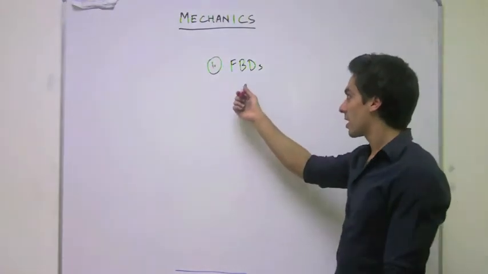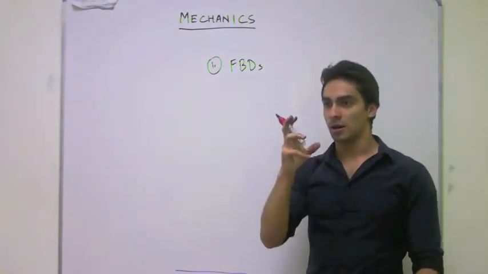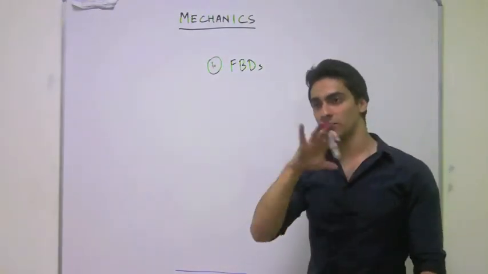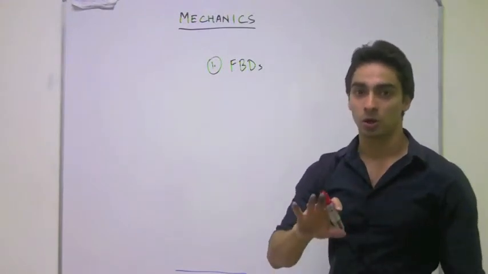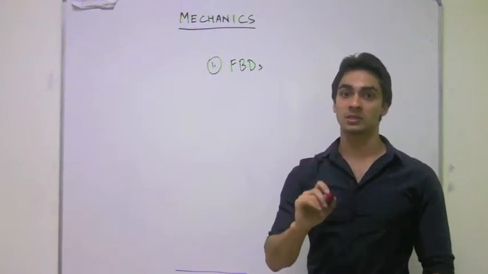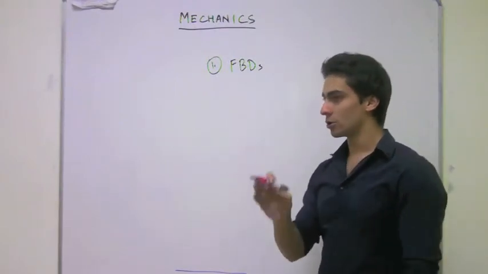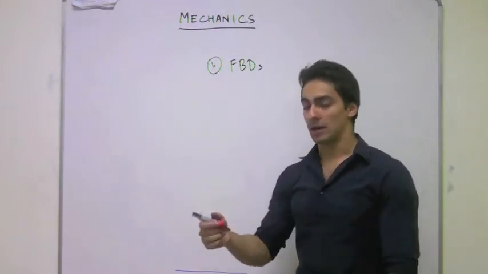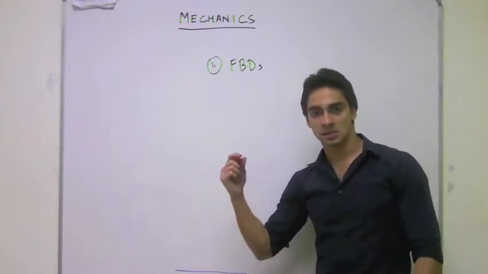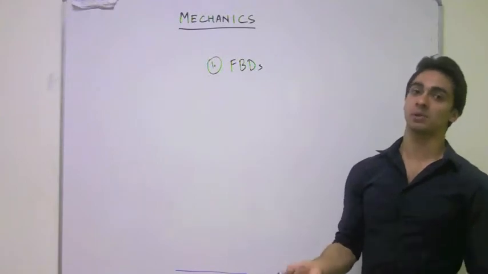A free body diagram is where you isolate an object from the rest of the system and label it with all the forces acting on the object. You do this for all the objects which are necessary in any example. We can see this later in an example that we'll go through.